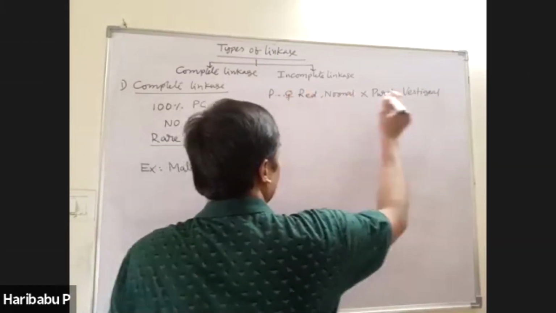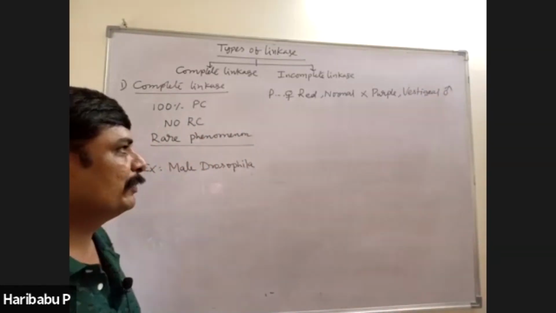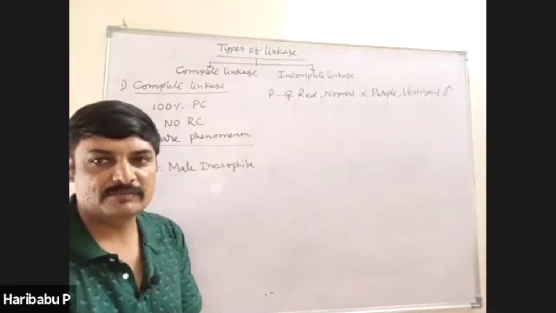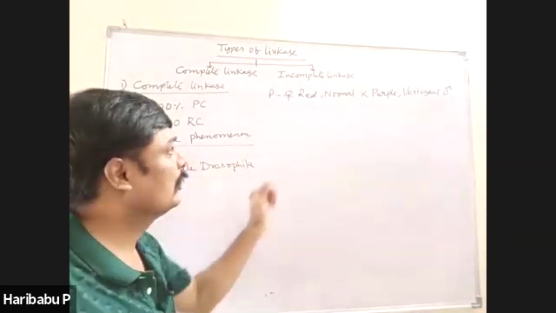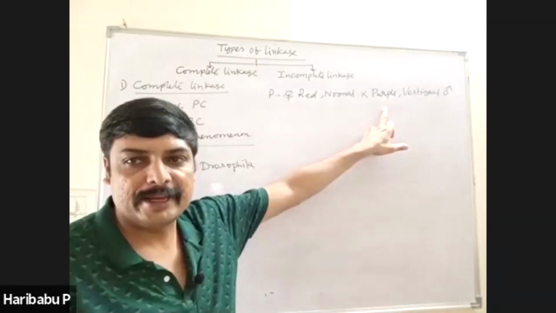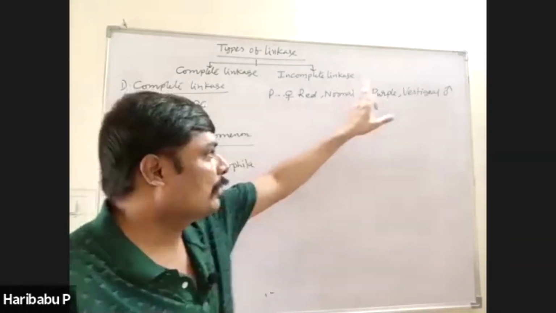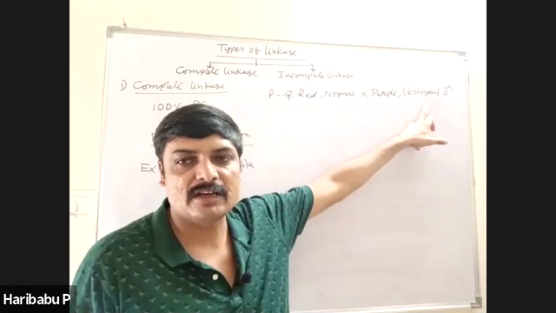This is female, this is male. What is red, purple, what is normal, vestigial? This is an experiment in male Drosophila. Red and purple is the color of the eye. Normal and vestigial is the size of the wing.